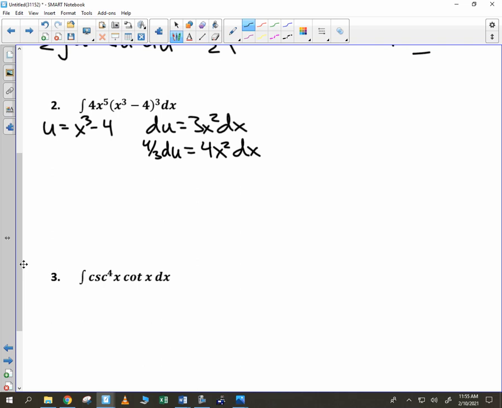What do you want to do now? Rewrite it. So I'll rewrite the integral to be 4 what? 4x squared times x cubed times (x cubed minus 4) to the 3rd power dx.